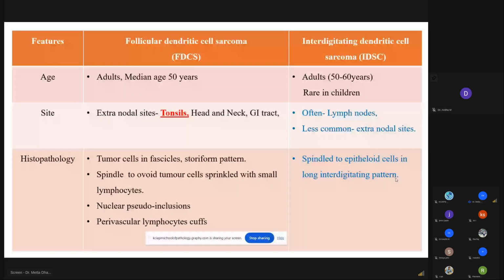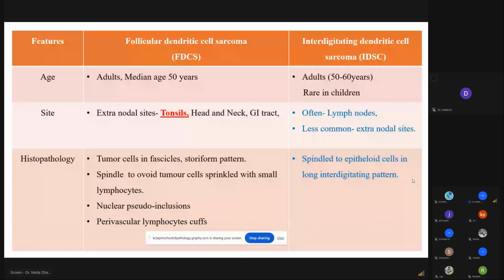The median age in FDCS is 50 years, and the patient is 48 years old. FDCS is more common in extranodal sites such as tonsils, whereas IDCS is less common in extranodal sites. The histopathological features of FDCS are tumor cells in fascicles and storiform pattern, spindle to ovoid tumor cells sprinkled with small lymphocytes, which are also seen here, and pseudo-nuclear inclusions are also seen.